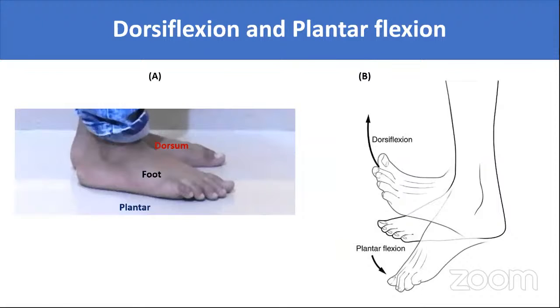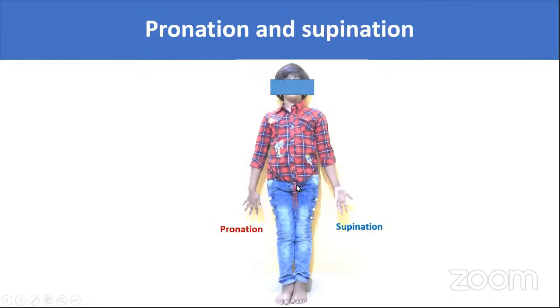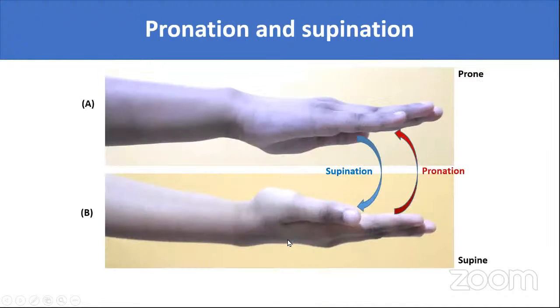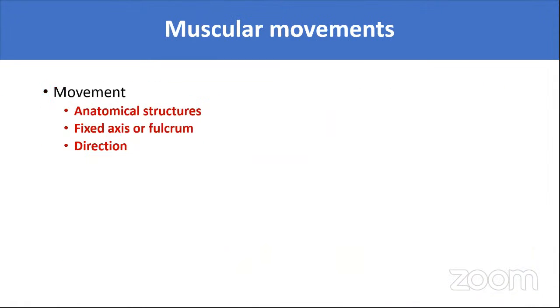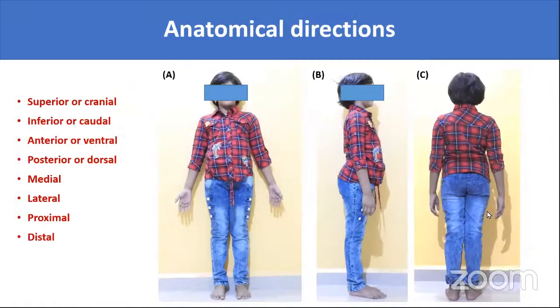Now there is something called dorsiflexion and plantar flexion. For that, let us try to understand this foot region. As I have said earlier, this is the anterior part, which is also called the ventral. And earlier I had shown you this part, which is the posterior view or posterior side or the dorsal side.